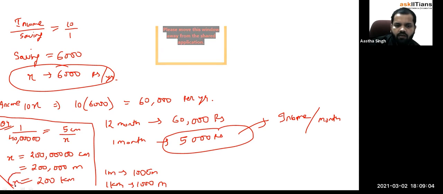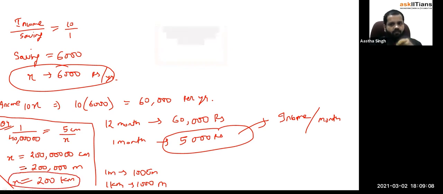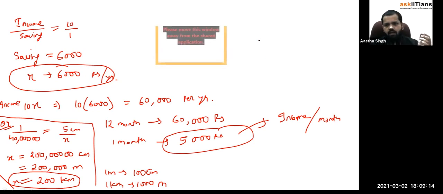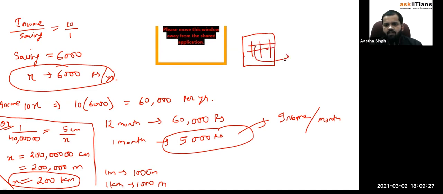Guys, you were given the scale of a map, right? If we draw a map, any map, and the distance is in meters, we just take any axis, like if two boxes are there, then I will represent one box as, suppose, 1 kilometer square.